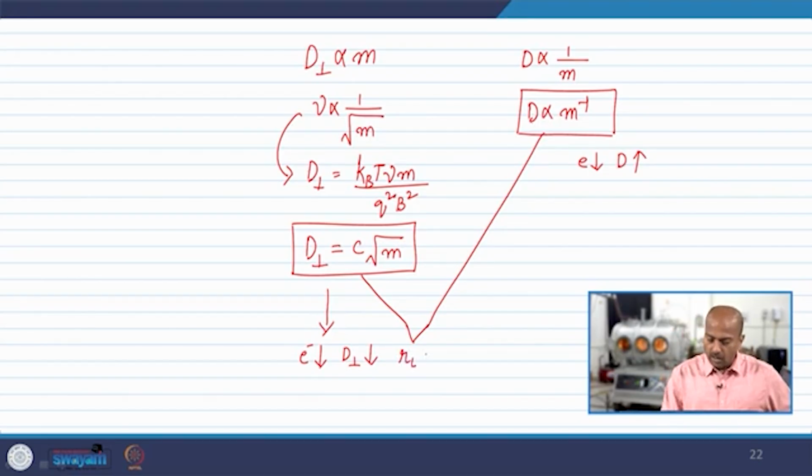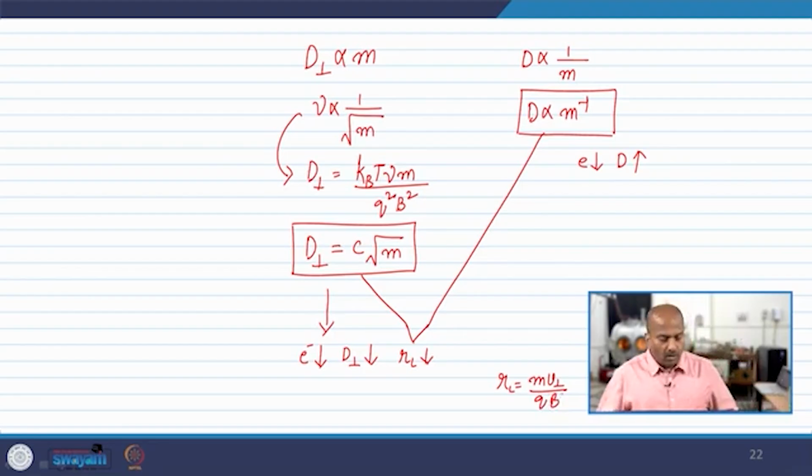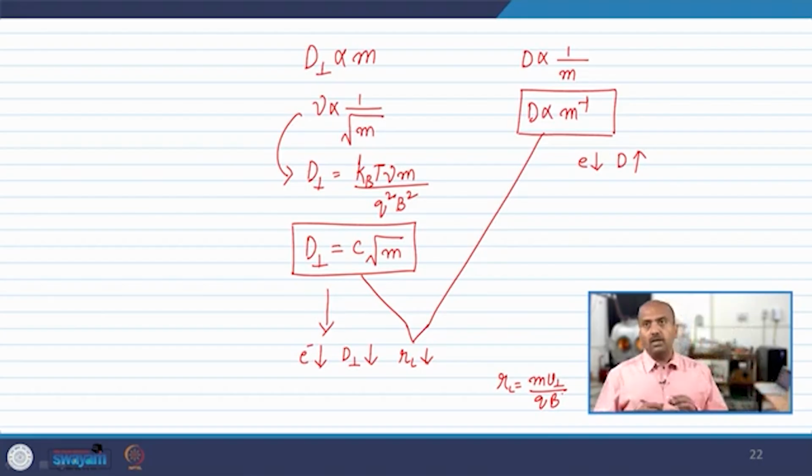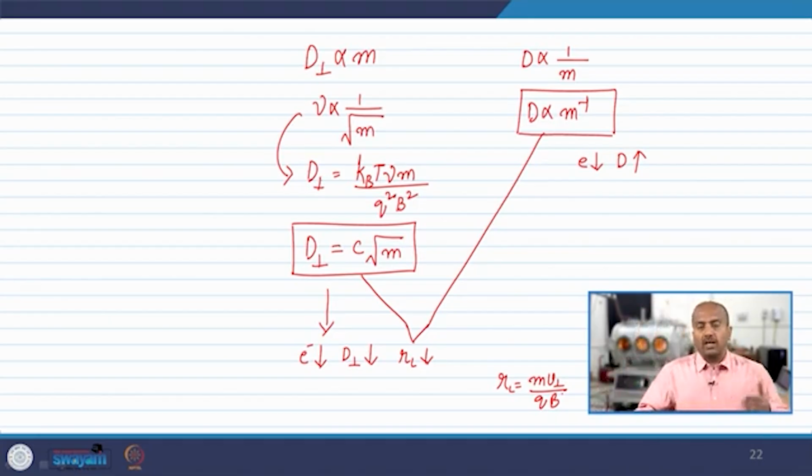So, R_L will also be smaller, because if you remember, R_L is m v perpendicular by QB. So, m is small, the radius of gyration would also be small. As a result, the electron cannot cover larger distances in the presence of collisions, because it will not be able to freely move from one point to another, as it has to gyrate while it moves, and before it moves a certain distance, it encounters a lot of collisions, and these collisions will make the electron's movement look like a random walk.